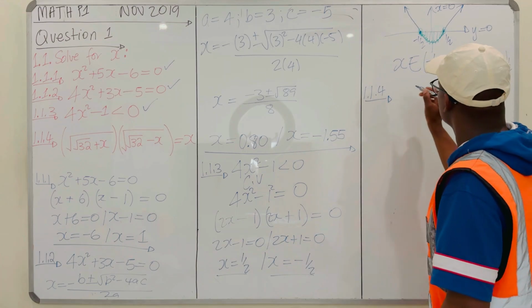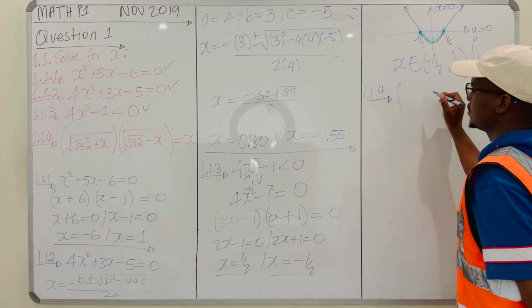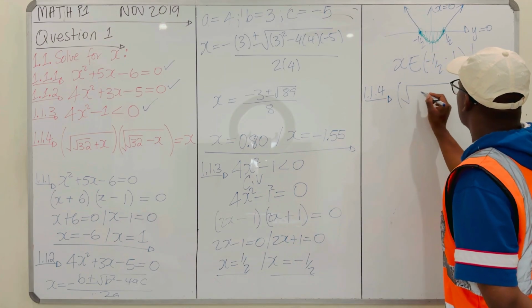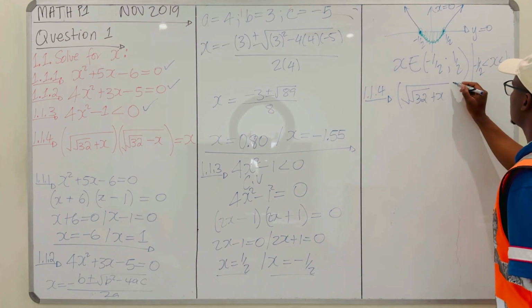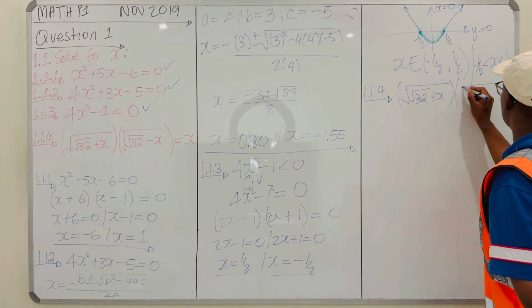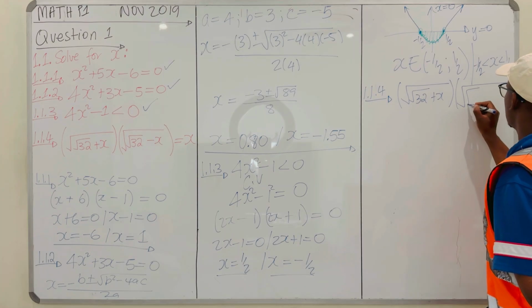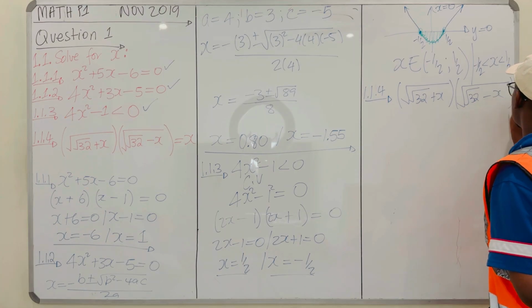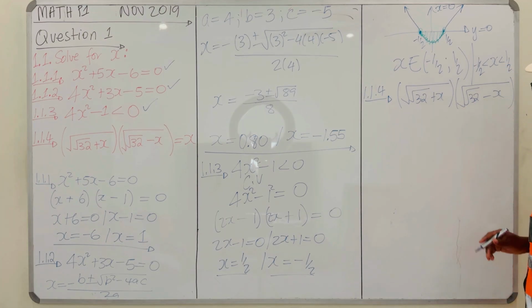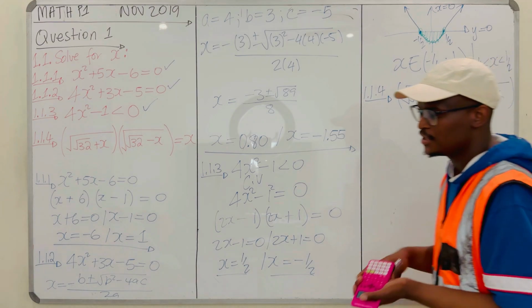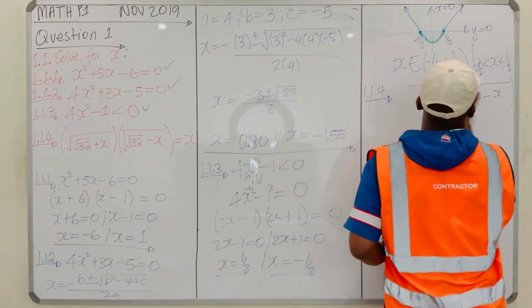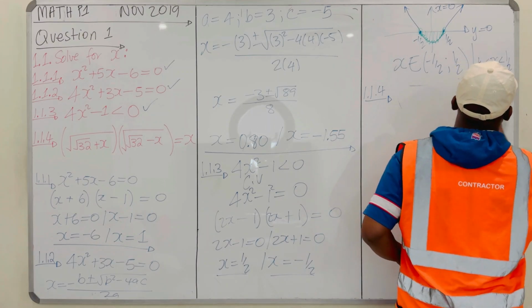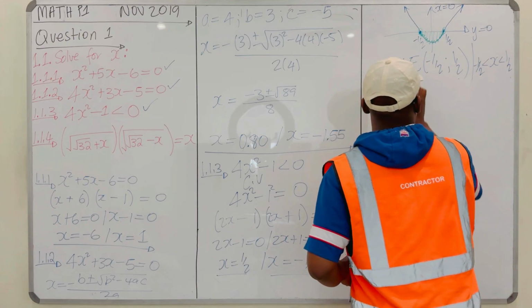We're given this bracket, square root of 32 plus x, close, square root of 32 minus x, right? Oh, I haven't written the entire thing, so let me wipe it and then write it. I'm worried about space constraints.